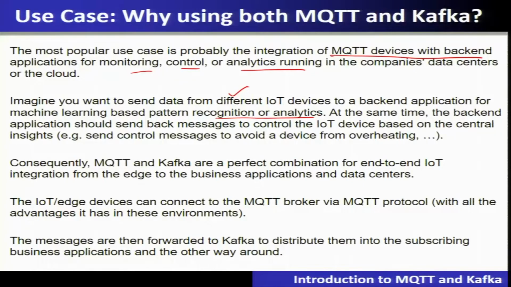At the same time the backend application should send a message back to control the IoT device based on the central insight, that is, send a control message to avoid a device from overheating and so on. So MQTT and Kafka are the perfect combination for end to end IoT integration from the edge to the business application and the data center.